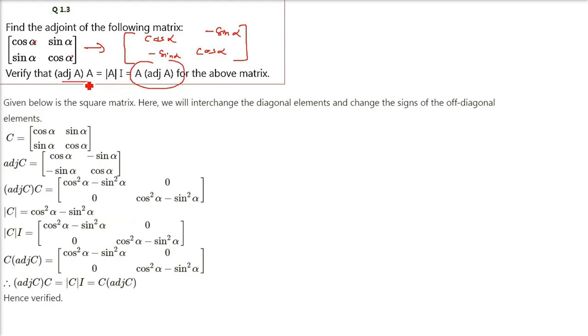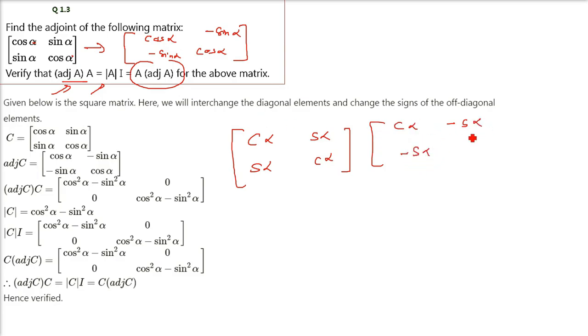Say let us do A into adjoint A, because adjoint A into A you can do, determinant of A into I, you can do A into adjoint A. So I'll take one of it and I'll give you what you have to get for all of it. So cos alpha, sin alpha, cos alpha. This is A, and I'm just using a shorthand. Adjoint A, let's write cos alpha, minus sin alpha, and here minus sin alpha and cos alpha.